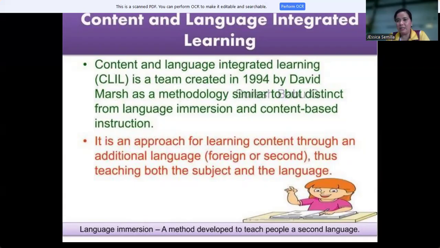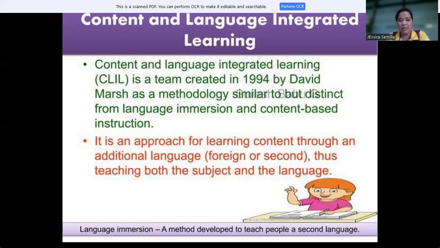CBI is basically utilizing content in its instruction without really looking into the language focus. On the other hand, when we talk about content and language integrated learning, meaning there's a focus on the combination of content itself and language focus within the language classroom.